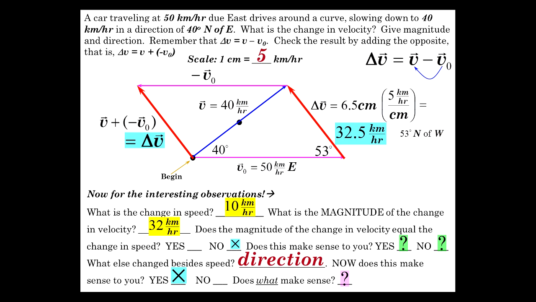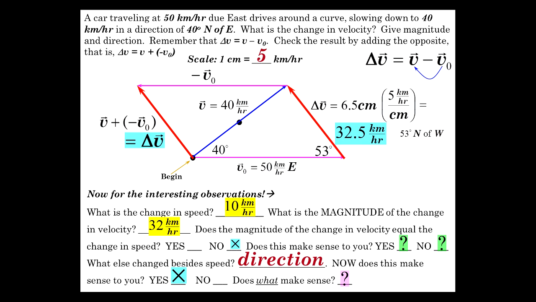If I had a greater change in direction from east to even, say, up here, the blue vector was up here, then that delta would be starting here and it would connect way up here. Can you see that that's a longer delta v than the one we had? Which means, because change in velocity corresponds to acceleration, there'd actually be more acceleration involved.